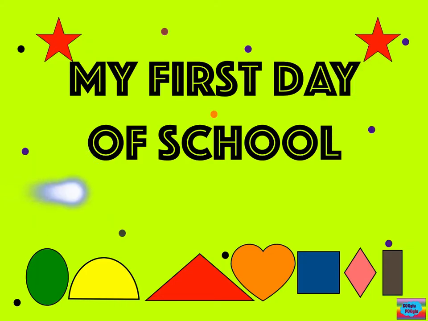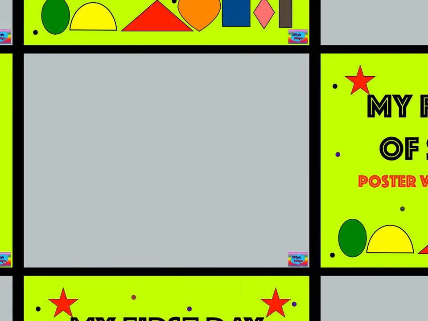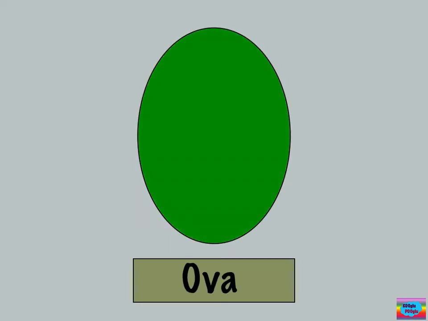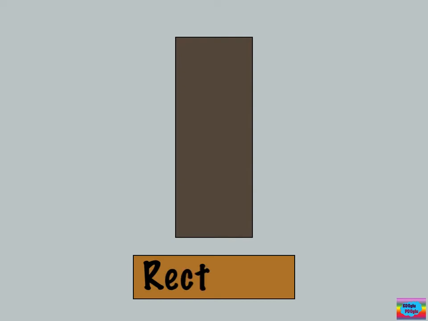Hello friends, today we're going to learn how to make a My First Day of School poster with basic shapes. So first we're going to learn about the shapes. First is oval. Next one is rectangle.